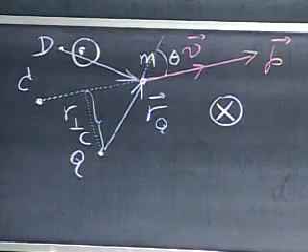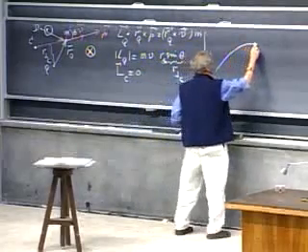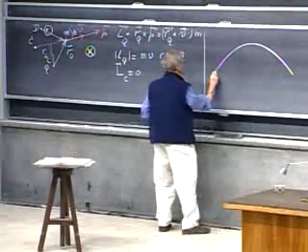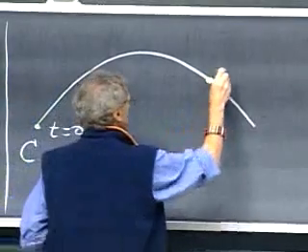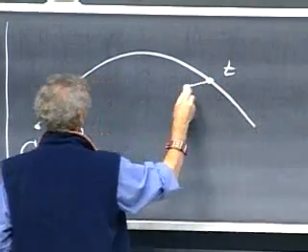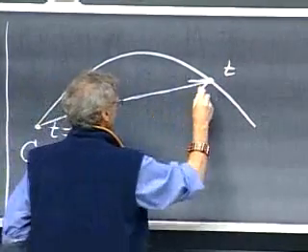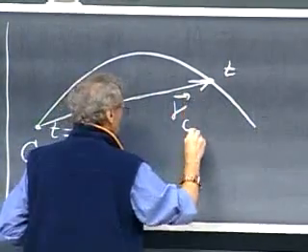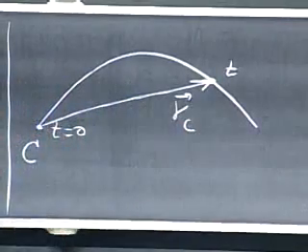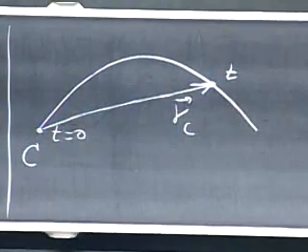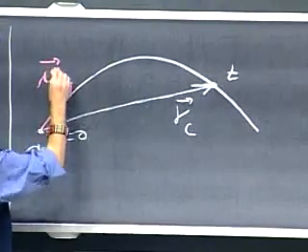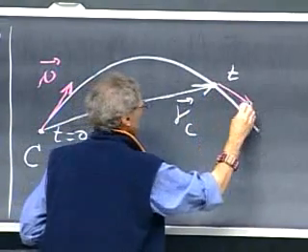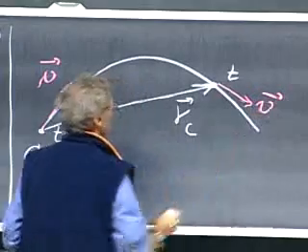Suppose I throw up an object, 26-100, and at time t equals 0, the object is here, and at time t, the object is there. So this then is the position vector at time t. The object starts off with a certain velocity v, and a little later here, say, the velocity is like so.